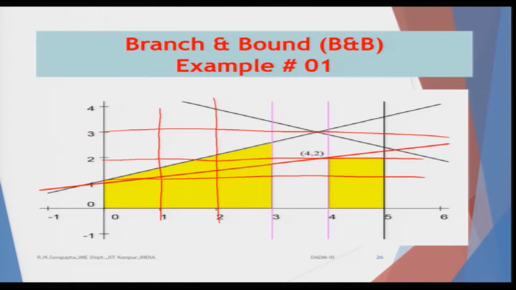This can be a contender later on, we do not know. Let me check. Okay, it can be because 2 and 5 is there. Sorry, my mistake.